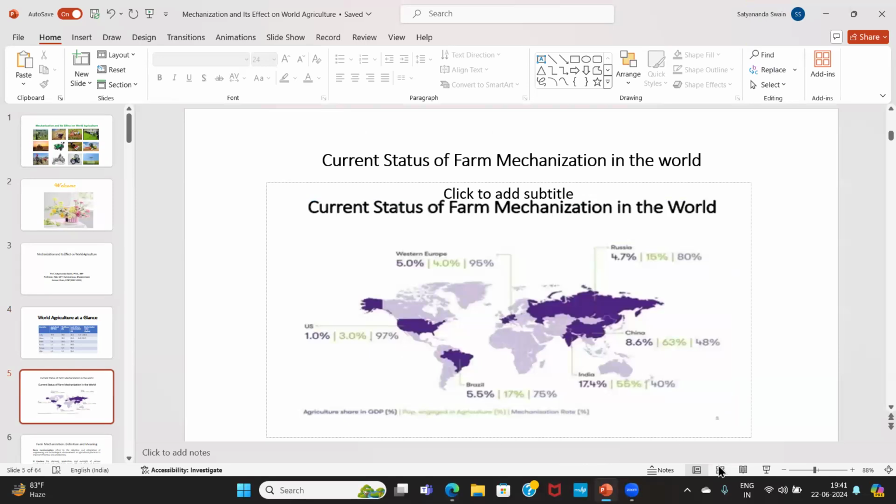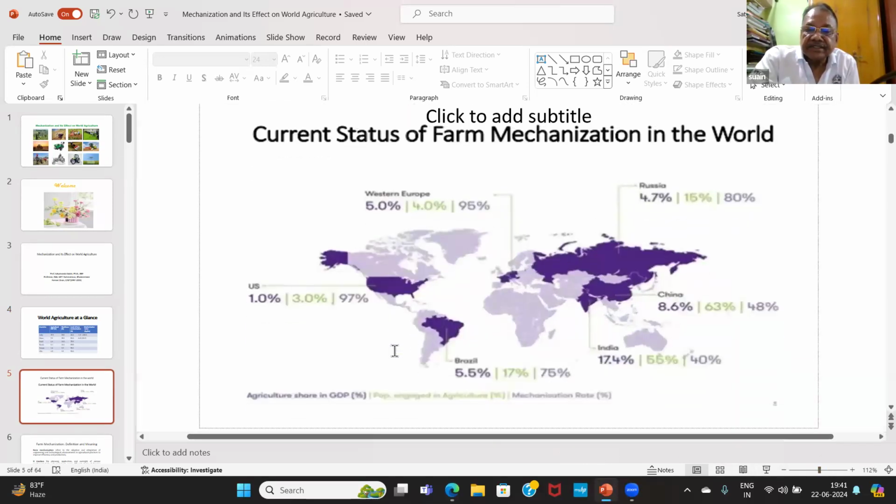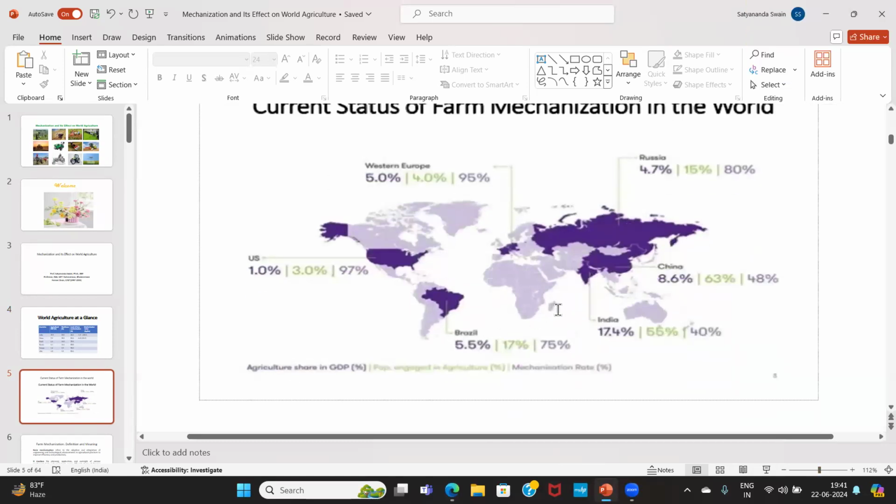If you look at this, you see our stand, India. Here it is 17.4% contribution to GDP. Population involved is 56% and mechanization 40%. What we got in 2011, the same.